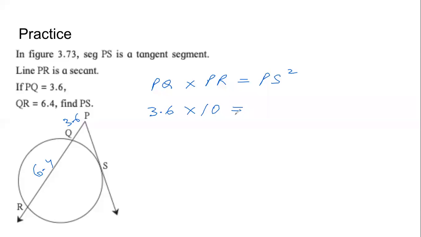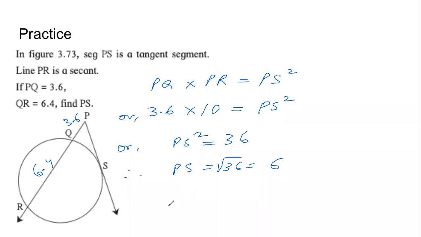Which is equal to PS square. How much is 3.6 into 10? It is 36. So how much will be PS? It will be the square root of 36, which is 6. That is the answer.